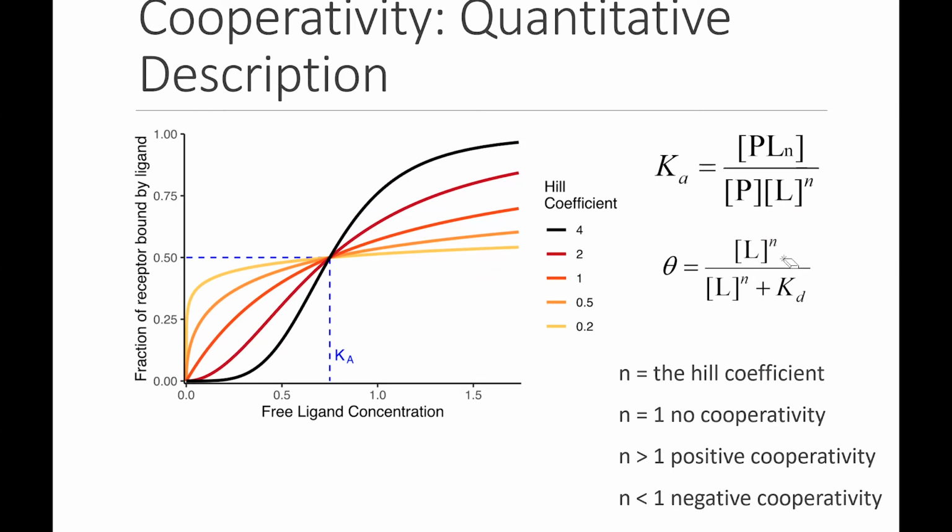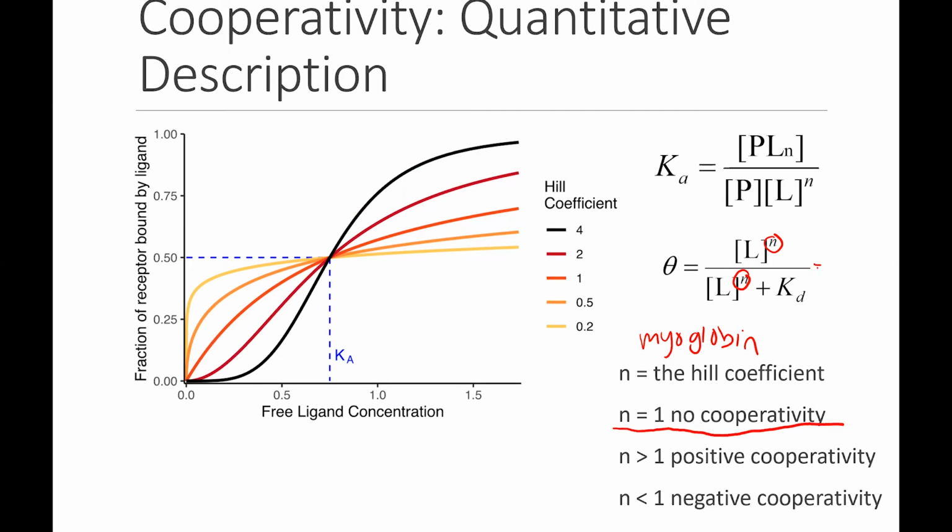Now, in our example previously with myoglobin, remember myoglobin is a single subunit, and so it does not have any cooperativity. When something does not have cooperativity, its N number is 1. And you can see if you plug 1 in here into the N, that's just now L to the 1, which doesn't change anything.